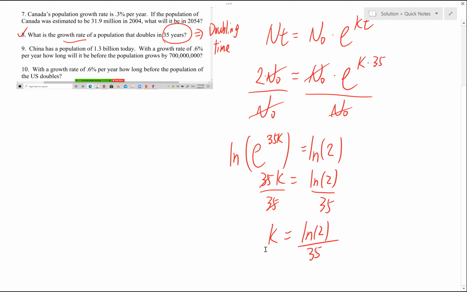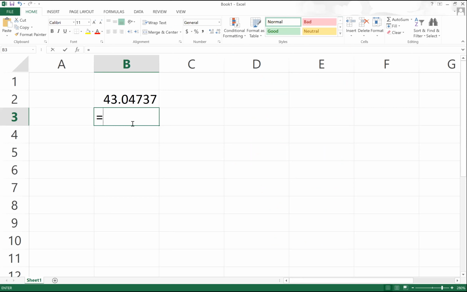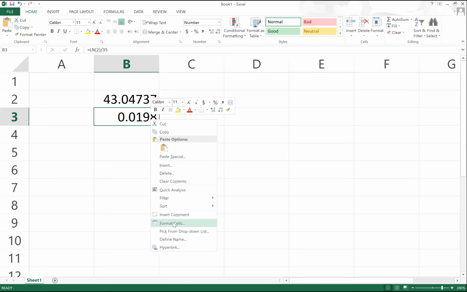So now one more time, let's put it into Excel. So this is ln of 2 divided by 35. Let's see what that is. In this case, we can round it to 4 decimal places. If you want to turn it to a percentage, you can also do that.